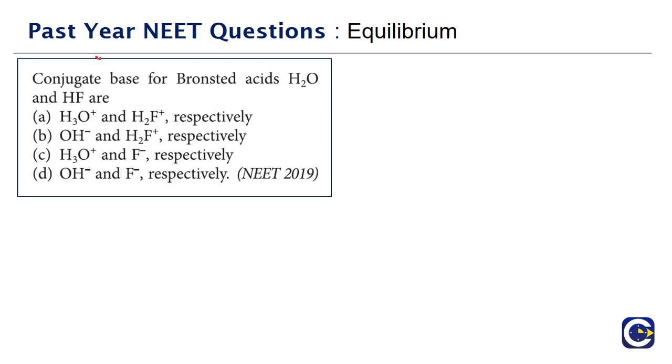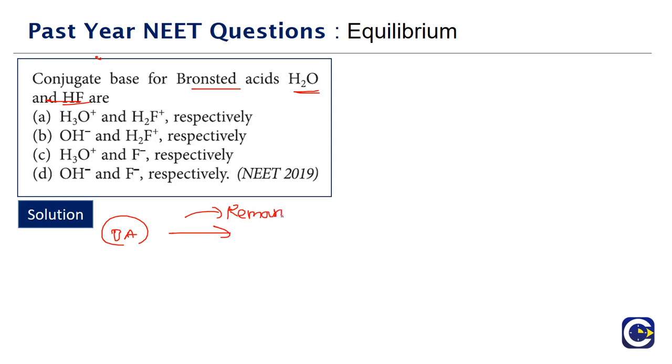The conjugate base of the Bronsted acids H2O and HF. It's a straight theoretical question. If you have a Bronsted acid, we get the conjugate base by removing H plus. From any substance, if we remove H plus, we get its conjugate base.